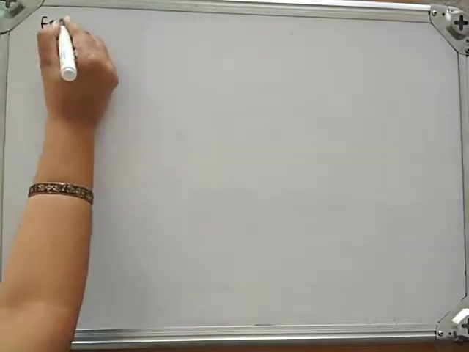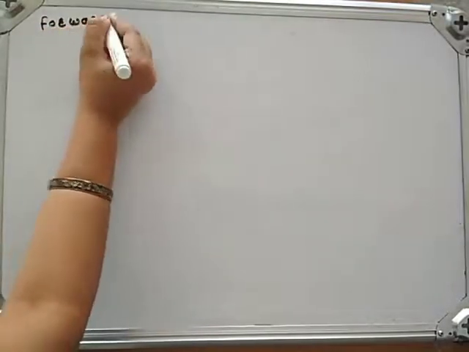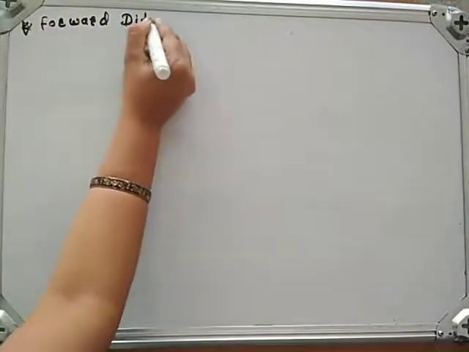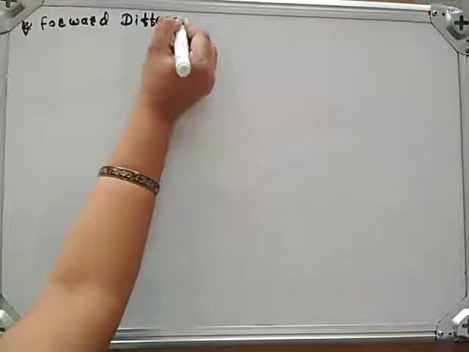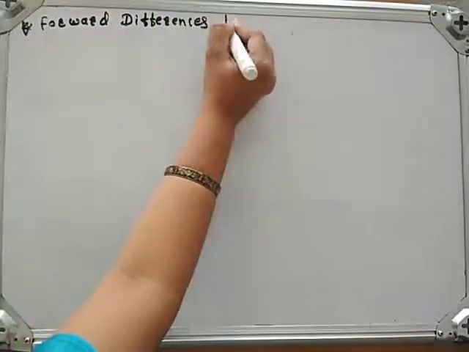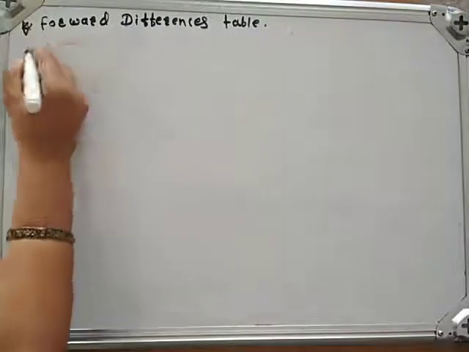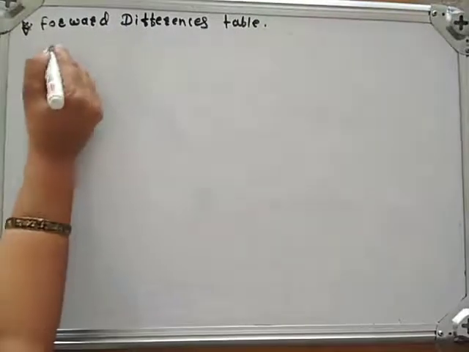In the next line, write down the forward differences table. Now we will draw a table.